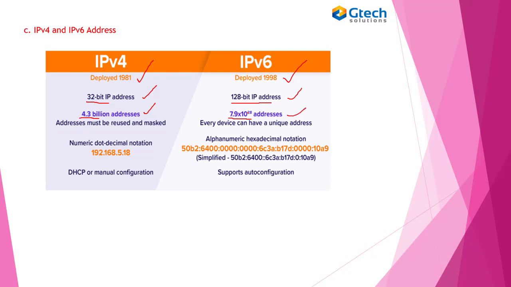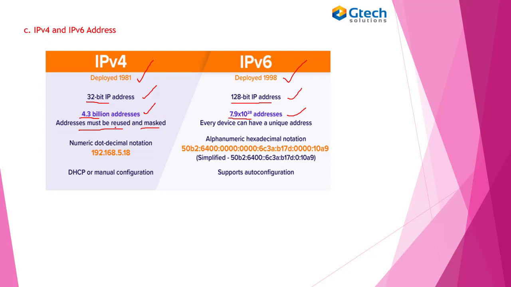It's too large. Around 10 raised to 28 times 7.9, an undecillion addresses. So under IPv4, addresses must be reused and masked. These addresses cannot satisfy all the devices on earth.